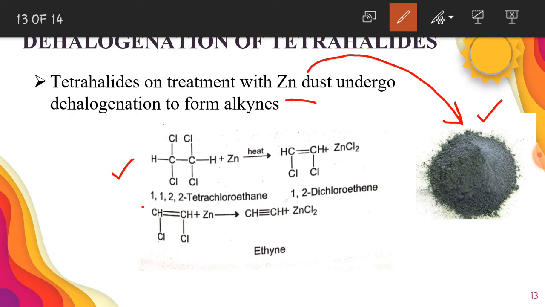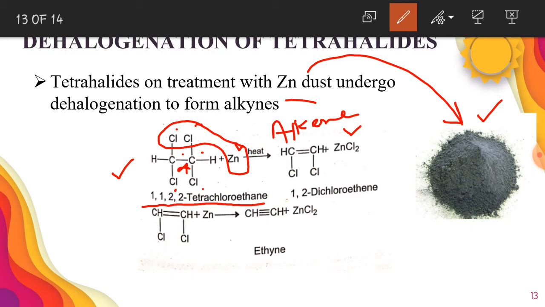This organic compound, 1,1,2,2-tetrachloroethane, is a tetrahalide because here four chlorine atoms are attached to the two adjacent carbon atoms. When it reacts with zinc, this zinc in the first step reacts with two chlorine atoms to form ZnCl2, and there will be the introduction of a double bond between these two carbon atoms. So in the first step there will be the formation of an alkene.